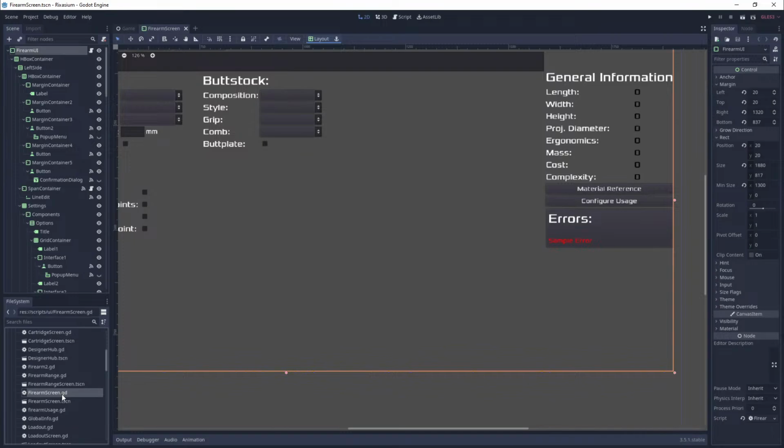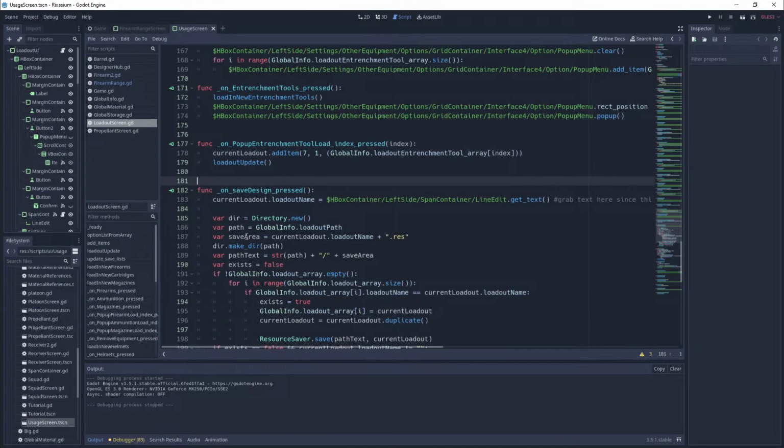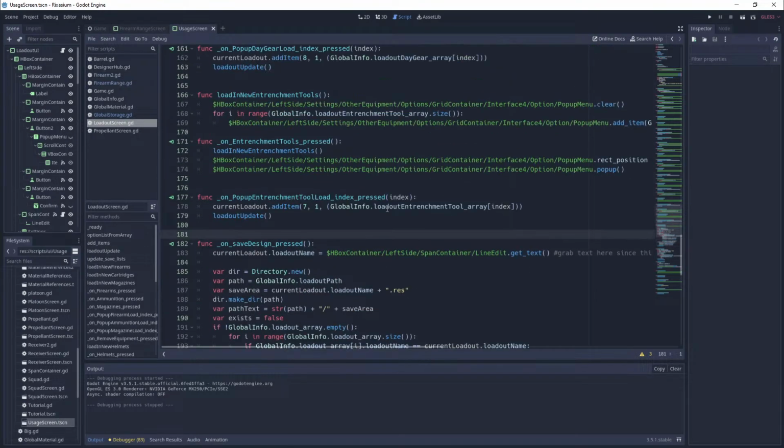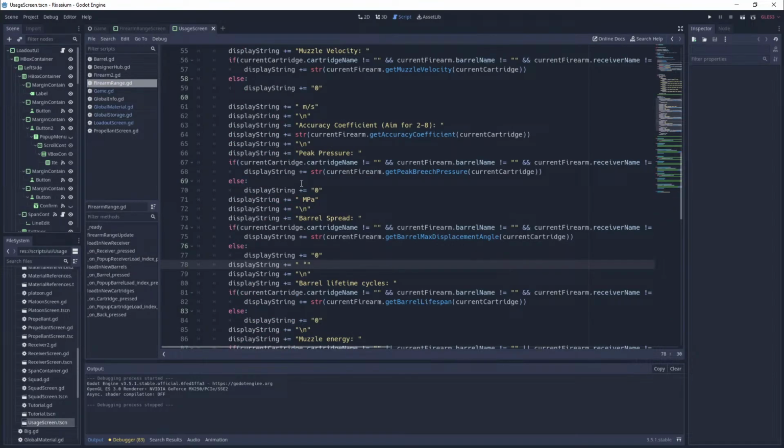Oh my goodness. Okay. Fortunately, it's not that different. Let's try to get loadout. Sorry. Off screen.